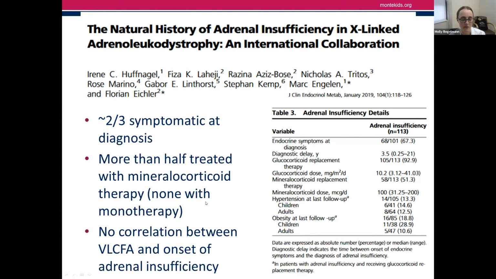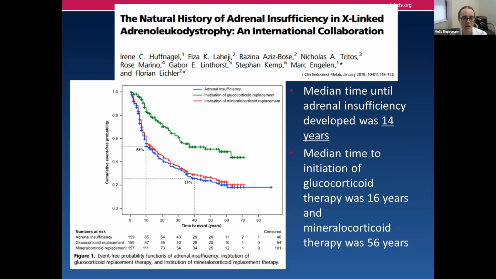They did not have levels of plasma renin, which is how we assess the need for mineralocorticoid therapy. They did not have pre-treatment levels of that to report. And there was no correlation in their study between the very long chain fatty acids and adrenal insufficiency.